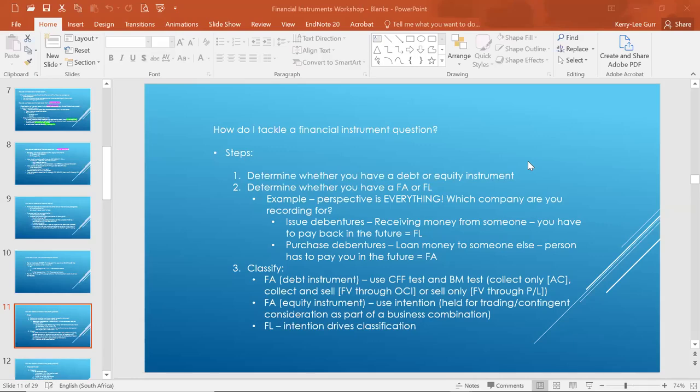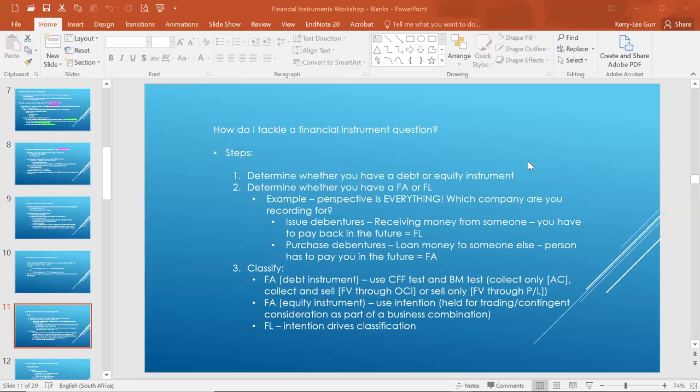If they're going to get back their money in the future, it means they have a financial asset in their books. So as you can see, one company will be issuing the IOU, they'll be giving out the IOU, and another company will be receiving that IOU piece of paper. So in one company's books, it'll be a financial liability. And for that same transaction, in the other company's books, it will be a financial asset.